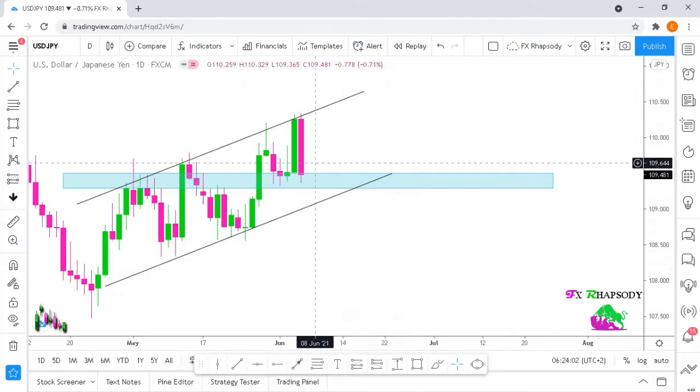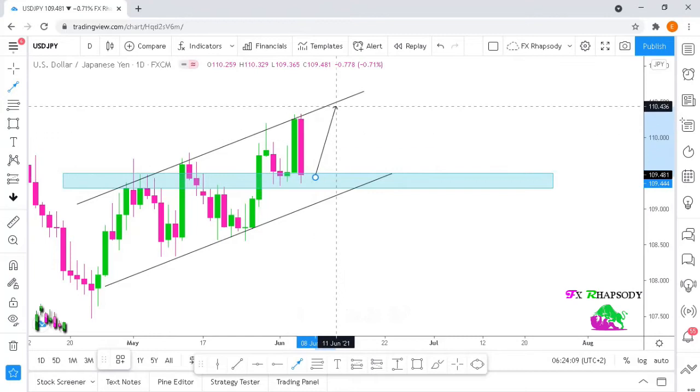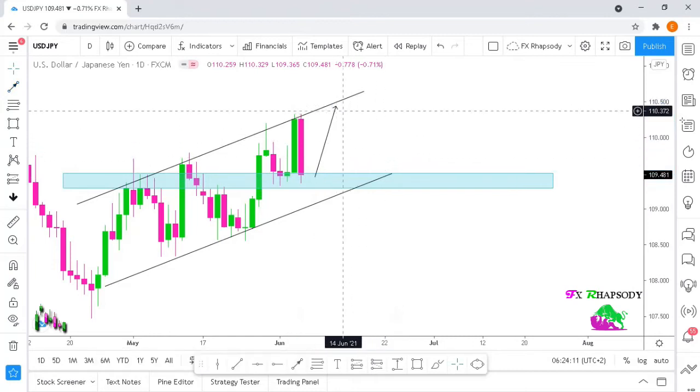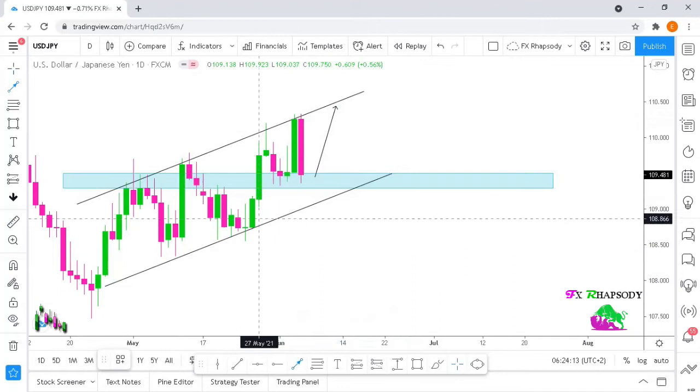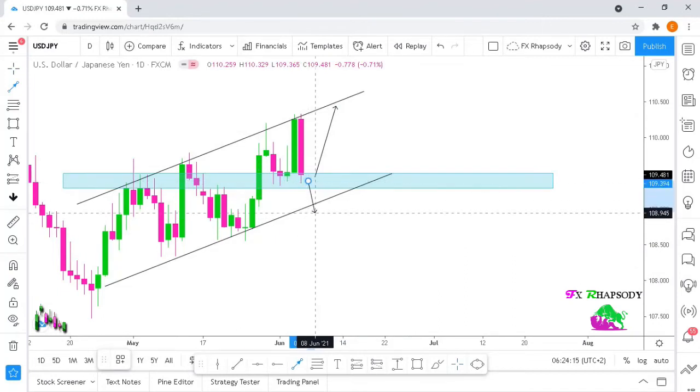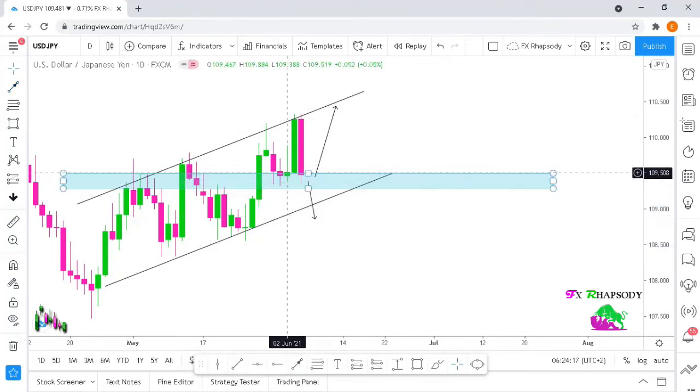to be moving downwards. So what we can expect from next week is either price is just going to go up again to tap that to come down, or we are expecting price to break this area of support. It has been tapping it for a couple of days, not being able to break it.